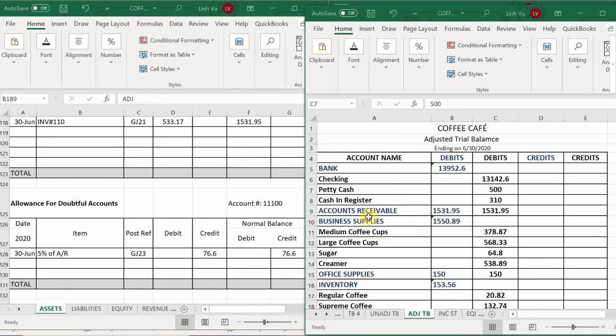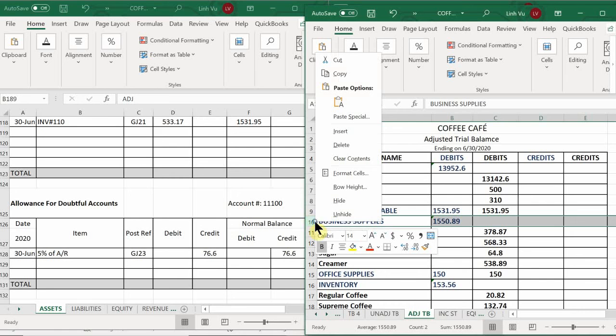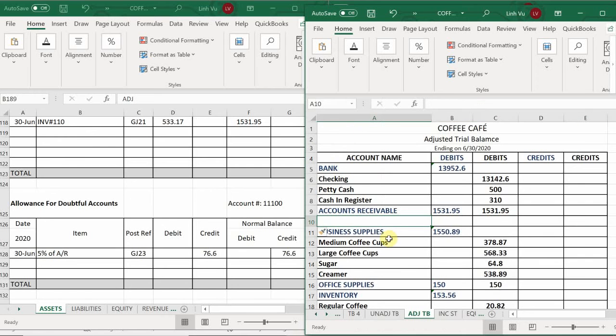So what I'm going to do is I'm going to add that in here, okay, because this is part of the main account, right? It's part of the main account under the accounts receivable, right? But this time, this is just the allowance for doubtful accounts, okay?